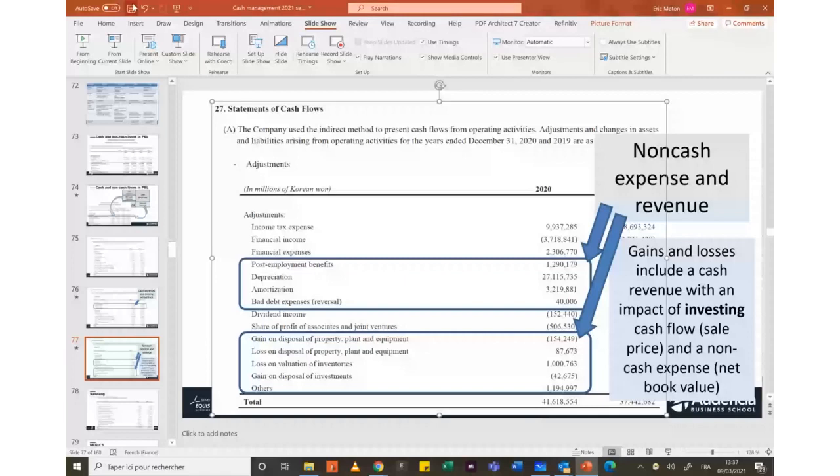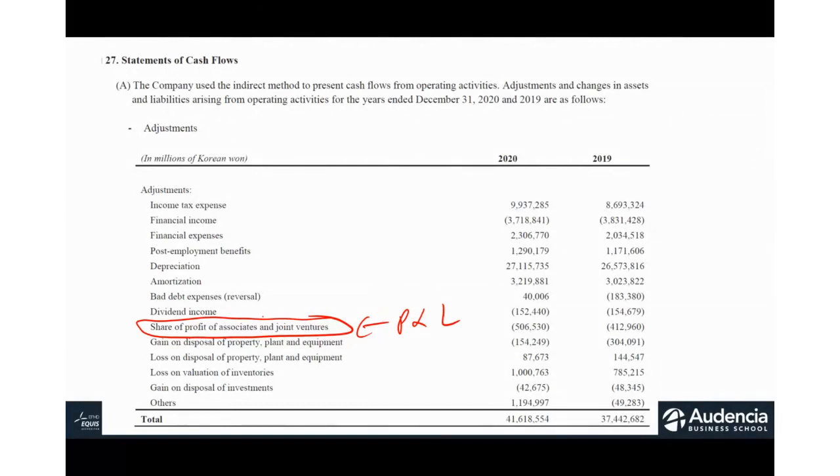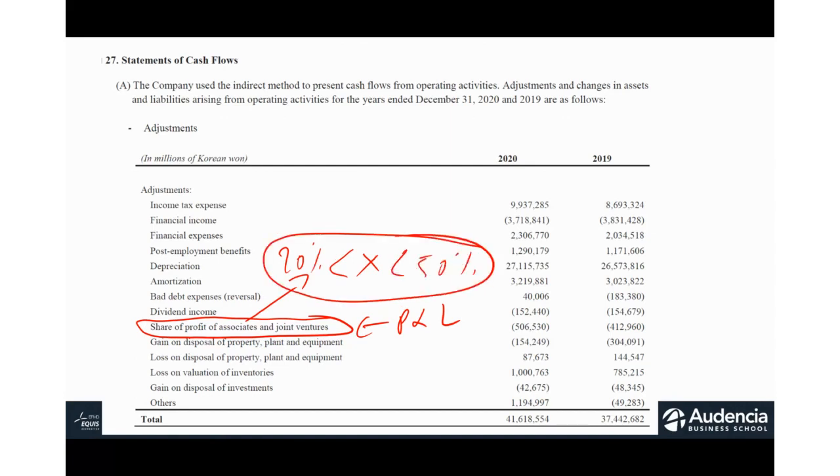Share of profit means in your P&L, this is included in your P&L. But what you want in terms of cash is not the share of profit of associates. Associate, joint venture: associate means you own between 20% and 50% of the company. If you own between 20 and 50%, what you put in your P&L is not the dividend income. The dividend income in your P&L is because you own less than 20%.